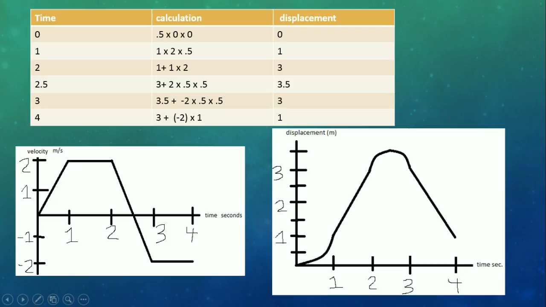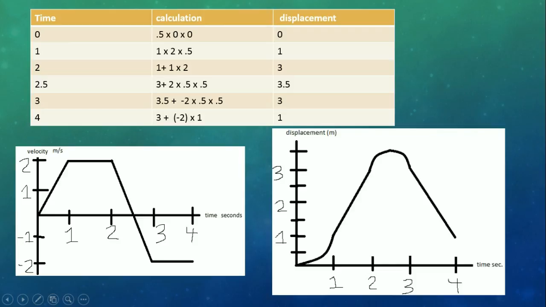Then at 2 to 2.5 seconds, the car, or the person, whatever, is slowing down because the velocity is decreasing, but they're still moving forward. So we find the area.